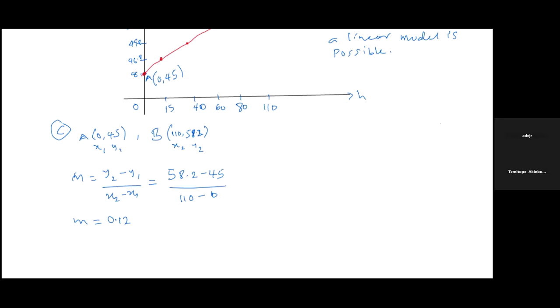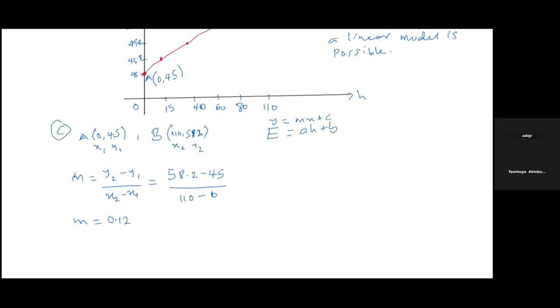Now, from the graph, we already know the y-intercept, which is 45. Don't forget that we have to find E equals AH plus B. If you relate this to y equals mx plus C, you can see that C in this context is your B, which is the y-intercept.